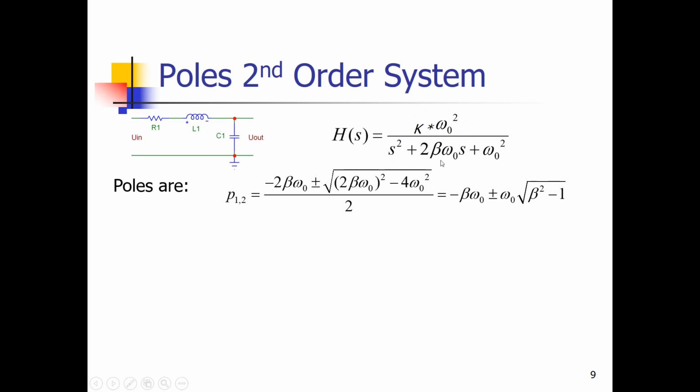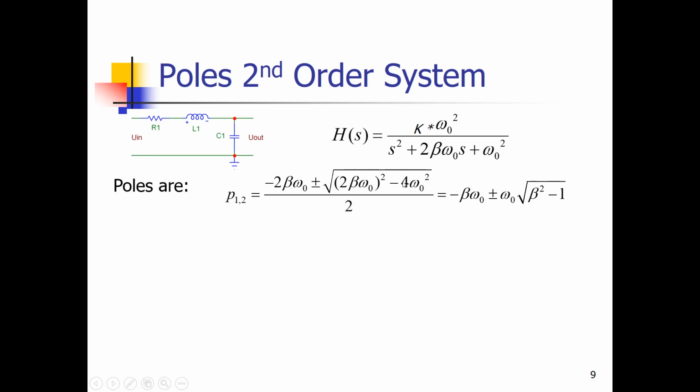And we can calculate the poles of this expression by setting this equation to 0. Then we get the poles, which are equal to, using the ABC formula, minus b, which is this part of the equation, plus or minus the square root of the discriminant, divided by 2 times a, which is 2 times 1, which is 2 over here.